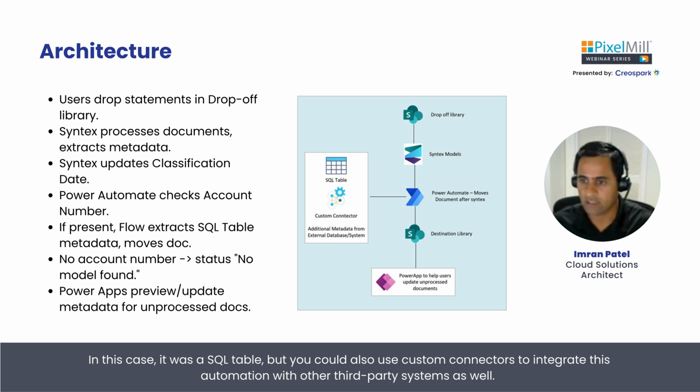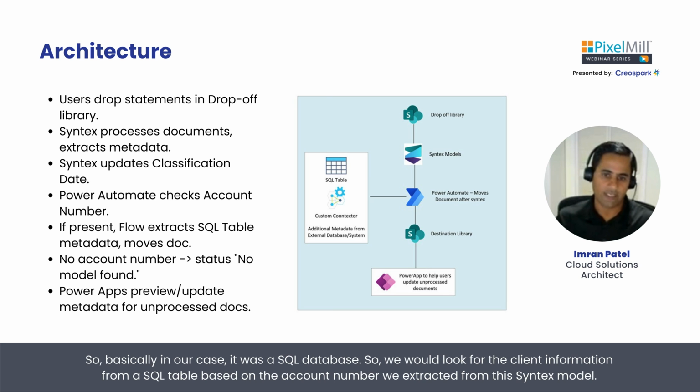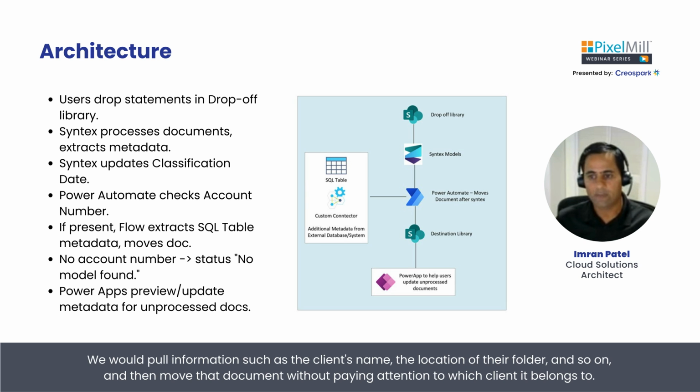In this case, it was a SQL table, but you could also use custom connectors to integrate this automation with other third-party systems as well. We would look for the client information from a SQL table based on the account number we extracted from the Syntex model, and pull the information such as client name, the location of their folder, and so forth. Then we would move that document because we know which client it belongs to now.